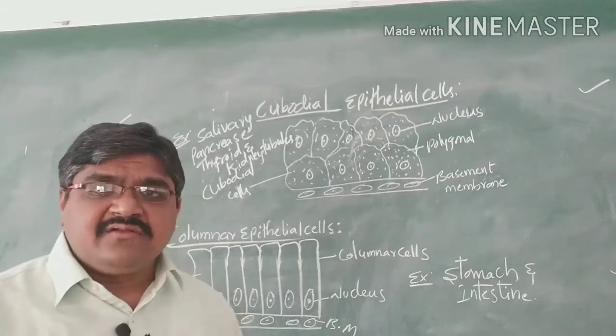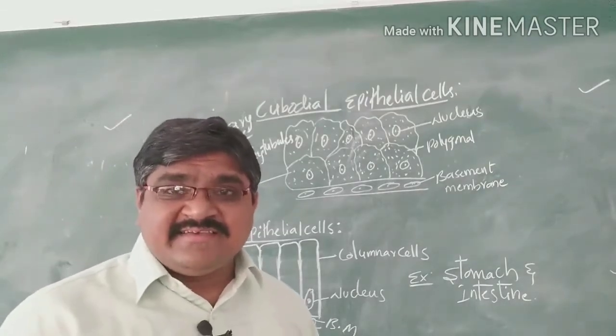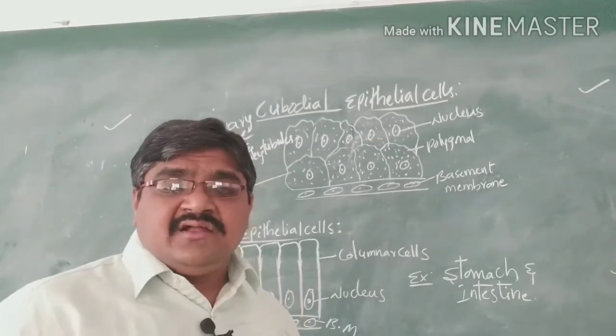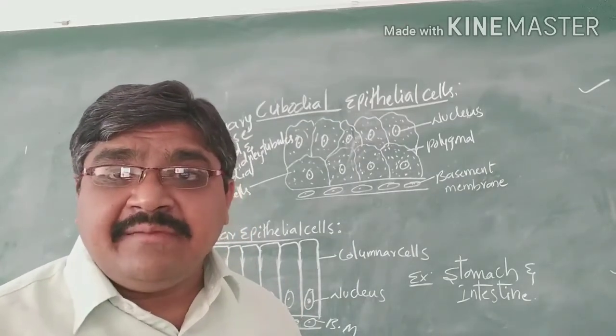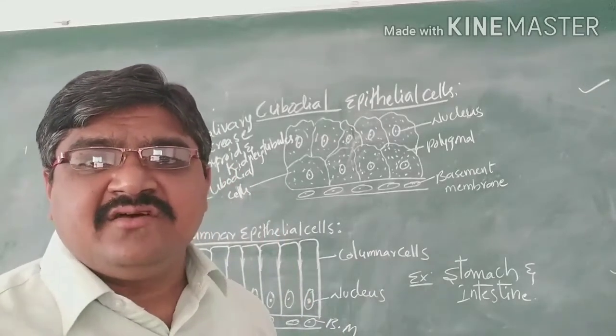Next, coming to the next one, that is the ciliated columnar epithelial cells, and the fourth one is glandular epithelial cells. Now we will discuss that one.